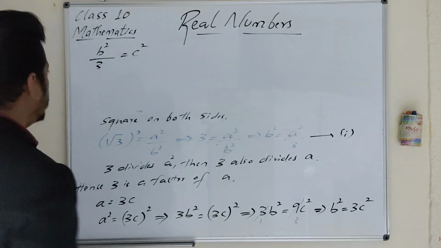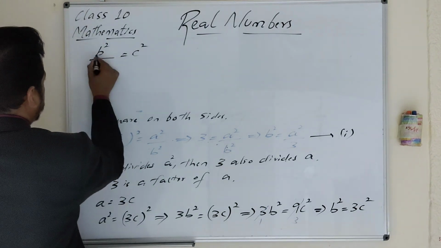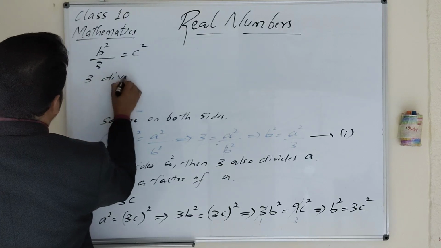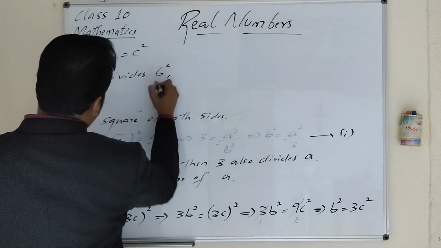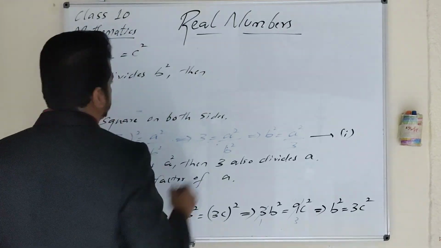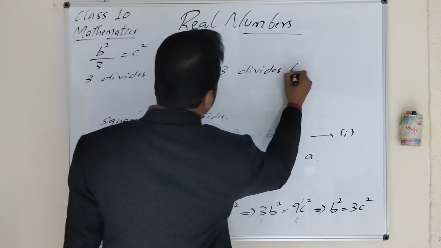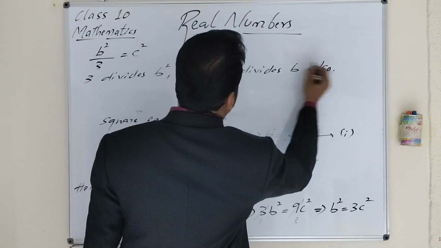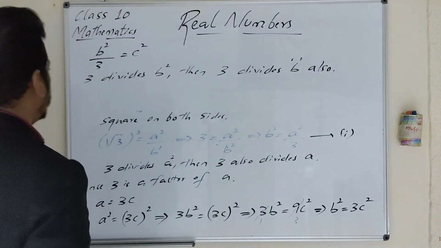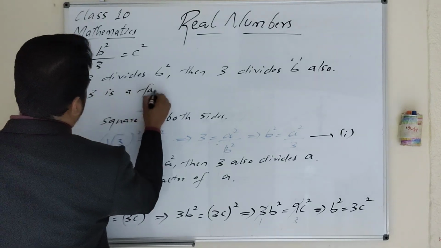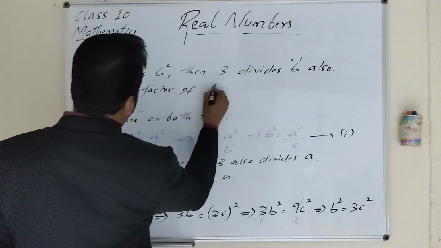Now you see, 3 divides b square, so 3 divides b also. In this way, 3 is a factor of b.